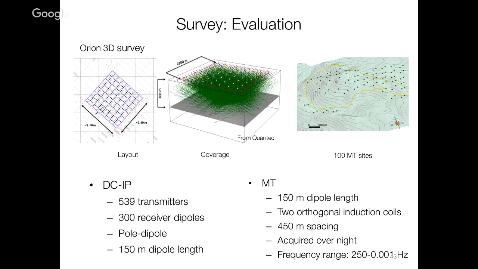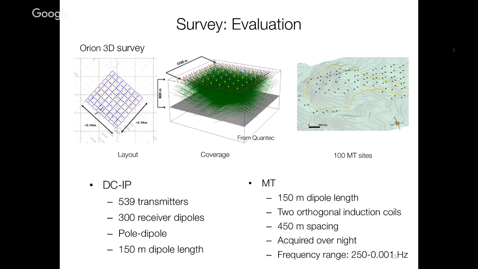In addition to that, there were 100 MT sites, with data acquired overnight. During the daytime, they would use this system and do the DC experiment, but then you just leave the equipment running overnight, collect all this natural source field data, and then process it as MT. So that's kind of nice, right?